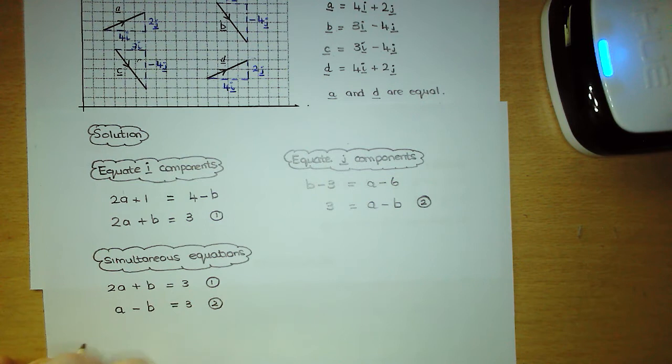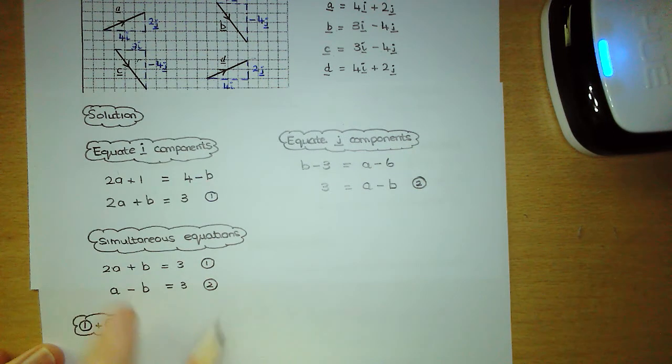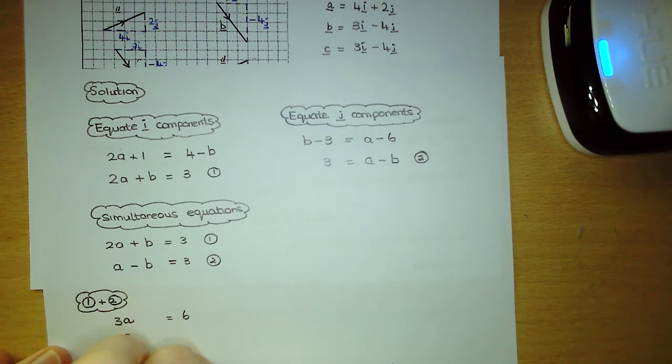So if we work out 1 plus 2, 2a plus a will give us 3a. Minus b plus b is just going to wipe b out, and that's just going to give us 6. So divide by 3, we're going to get a is equal to 2.